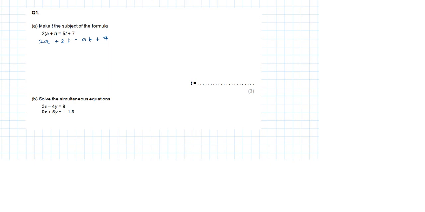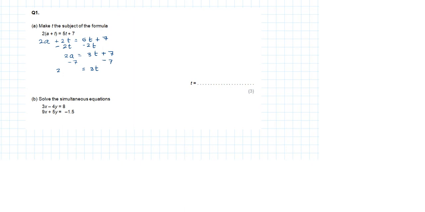So we're going to get rid of the term with the smaller coefficient, which is 2t. So it's positive 2t, so we're going to do the opposite, which is subtract 2t both sides. And then you get 2a is equal to 3t plus 7. Subtract 7 to both sides so that you have 3t on its own.